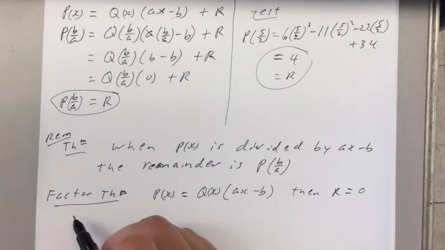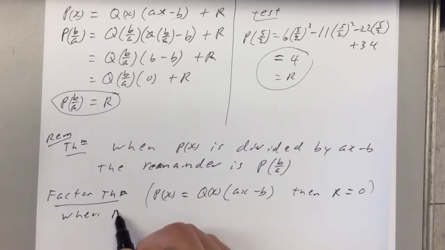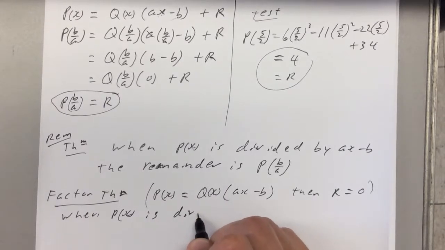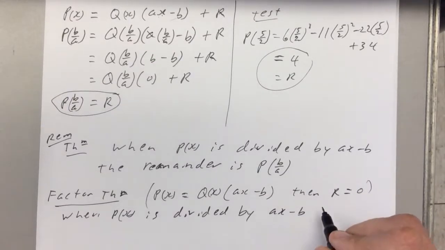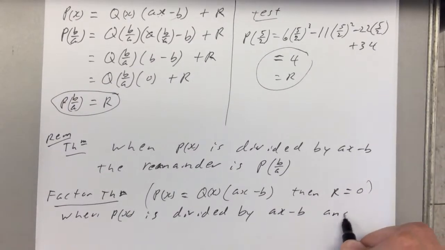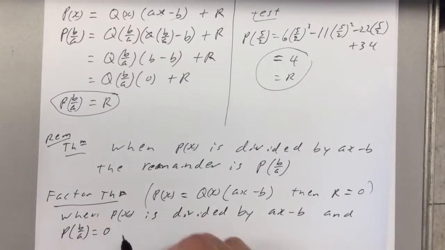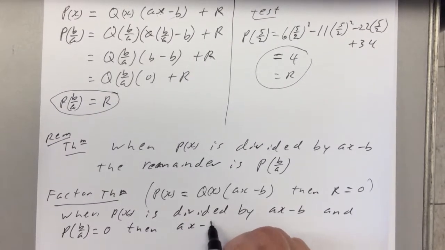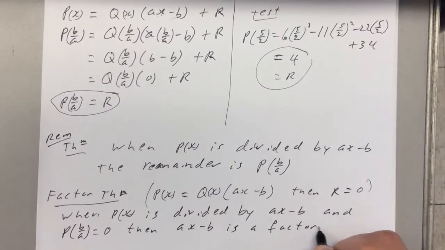Okay. So here's the statement. When p of x is divided by ax minus b and p of b over a equals 0, then ax minus b is a factor of p of x.